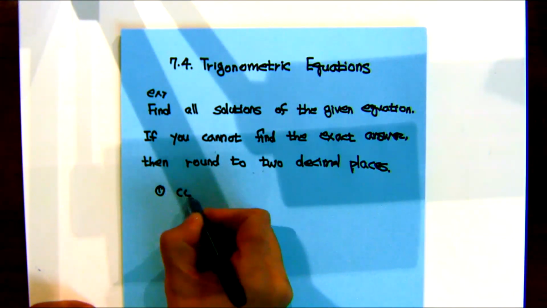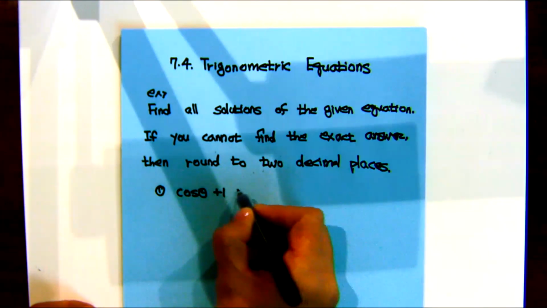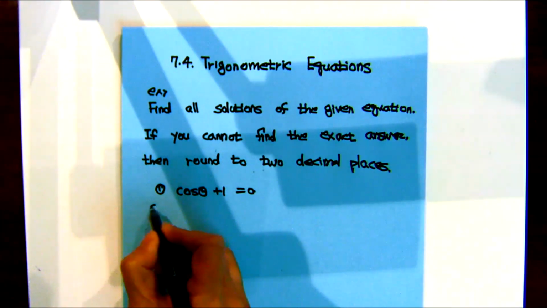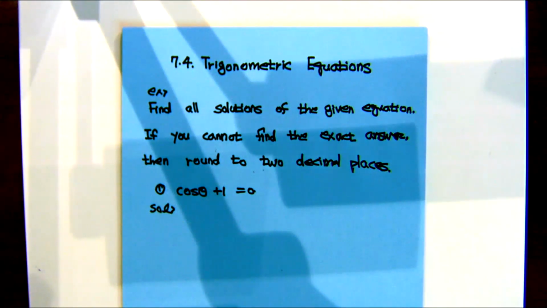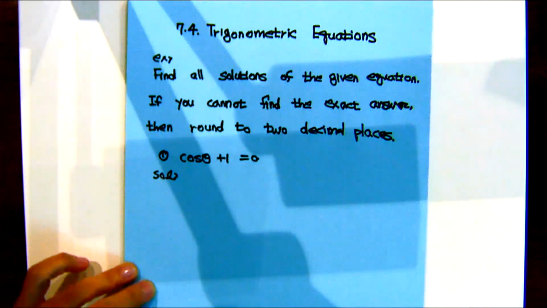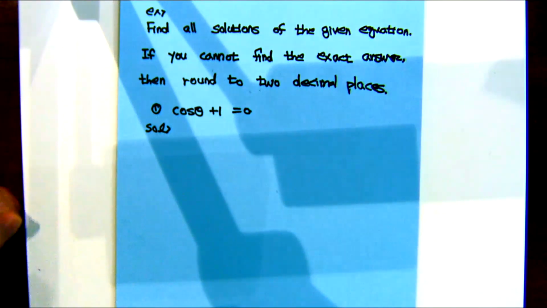The first question is cosine of theta plus 1 equals 0. If you look at the equation, then you notice that this is a linear equation for cosine.